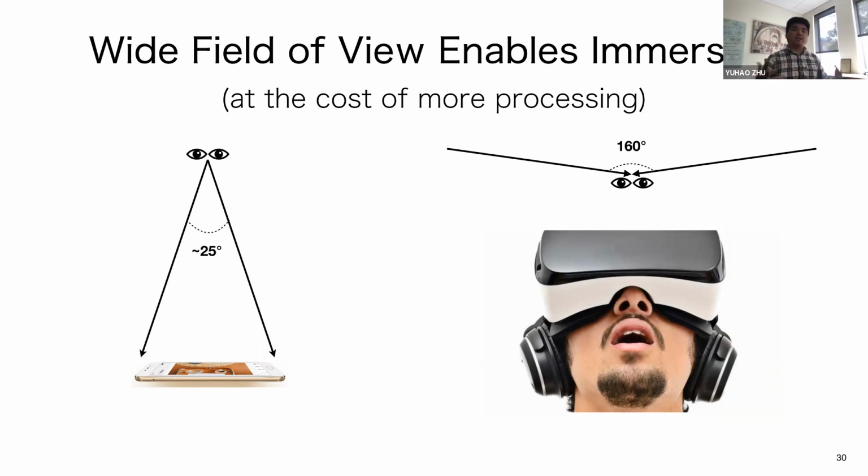Because it wants to provide an immersive experience as if you are in a new virtual world. When the field of view is higher, you have to render more pixels, you have to do more processing. So at the expense of more processing, they can provide a wider field of view. And so the goal here is to reduce the processing overhead without sacrificing the immersive experience.